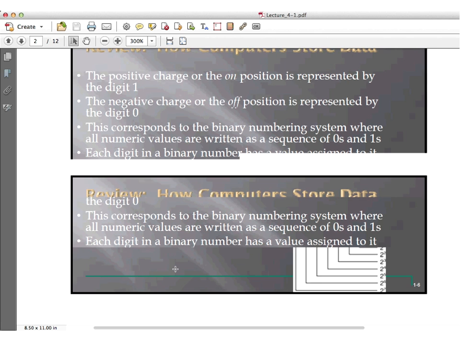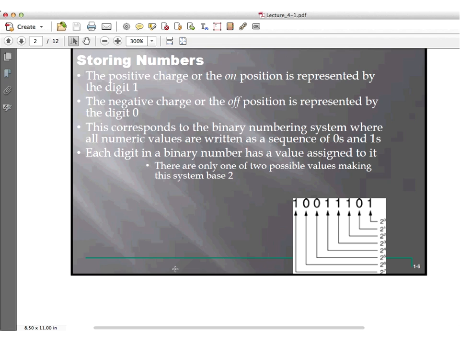So storing numbers: the on position may be a 1, and the off position would be a 0. For binary numbers, that first number to the right is 2 to the 0 power, or 1. The next is 2 to the first power.